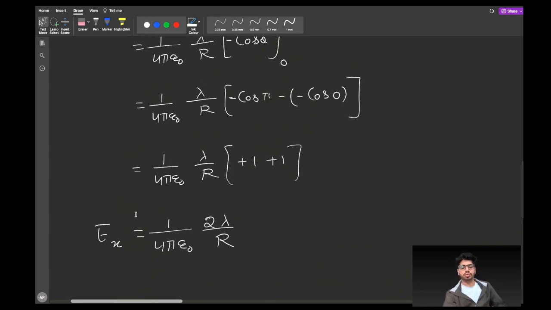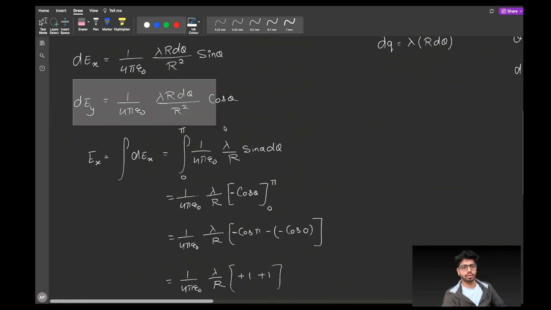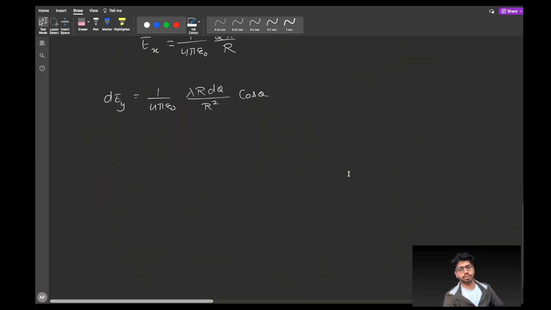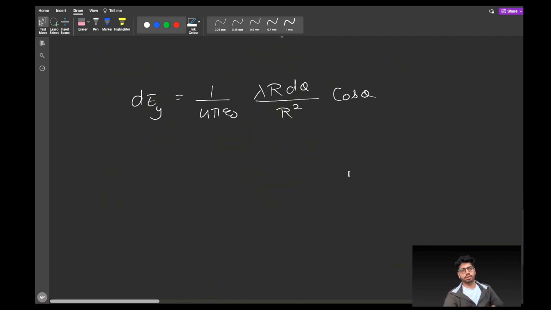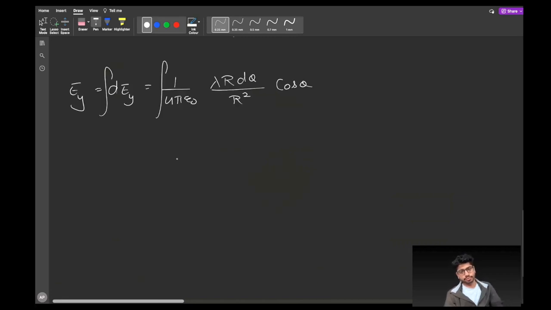If I'm going to solve for the y component, let me copy that one. So that is the component. For the y component, to get the net electric field in the y direction, I have to integrate that one.